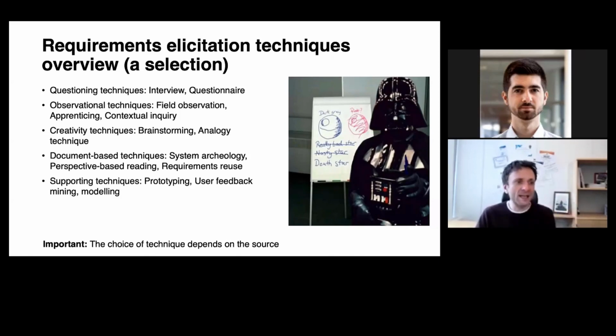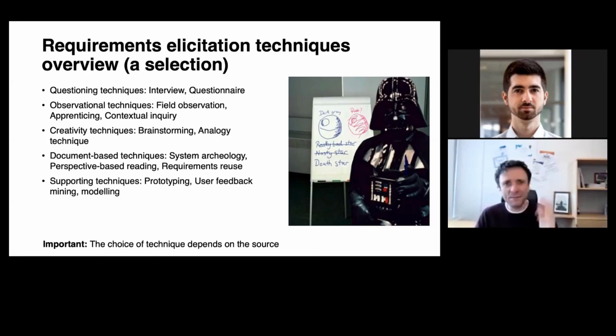Observational techniques that we can use, for example, field observation or apprenticing. Apprenticing I did once for a week, where you just go, for example, to a customer's organization and work with the system that shall be replaced, the previously used legacy system, just to see and experience firsthand the actual flaws and where the difficulties are and what needs to be improved.